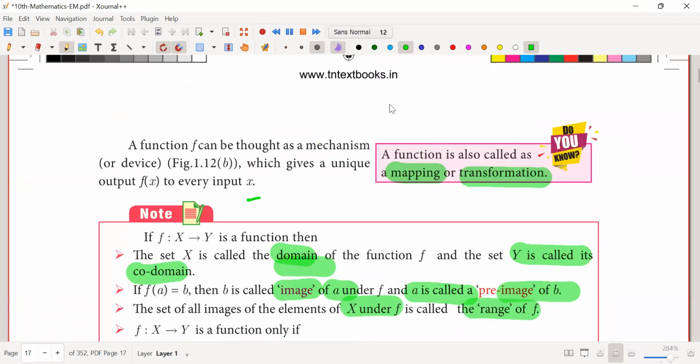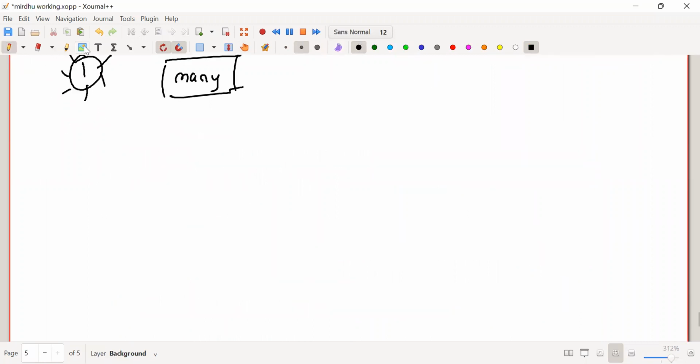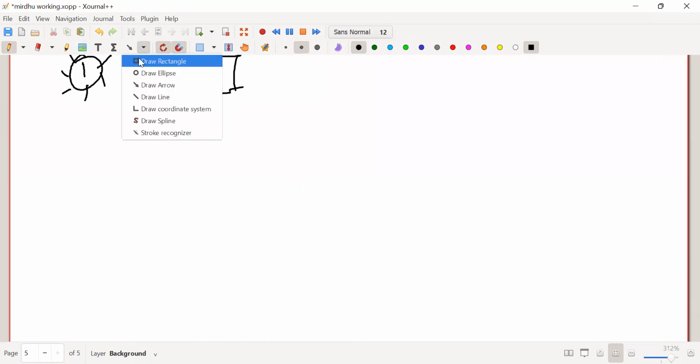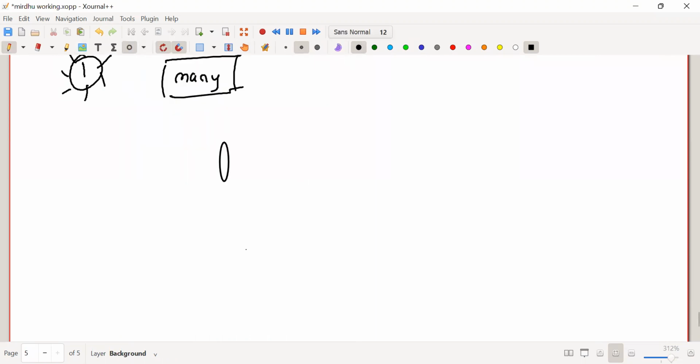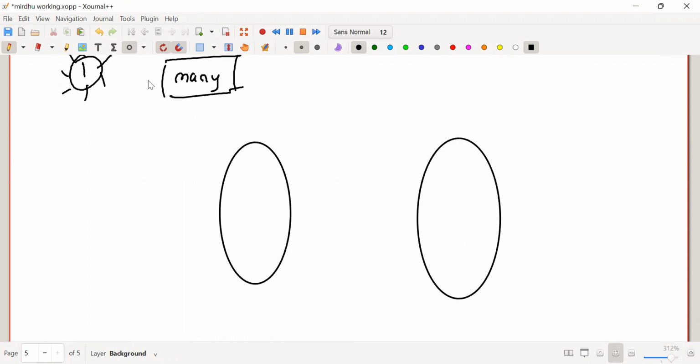So, in a function, we have X as 1, 2, 3, 4, 5 and Y as A, B, C, D, E. X is known as the domain.